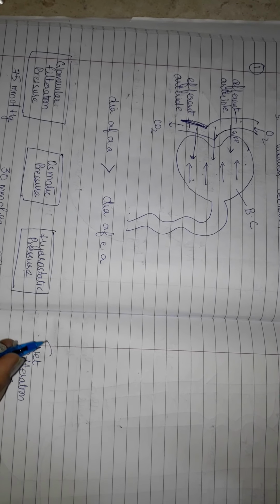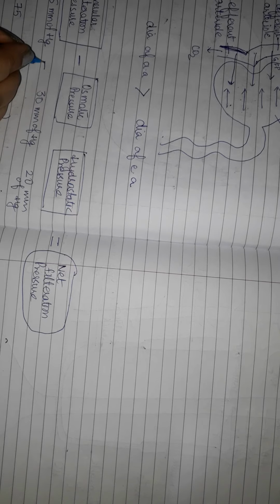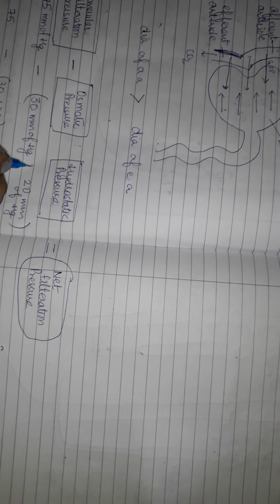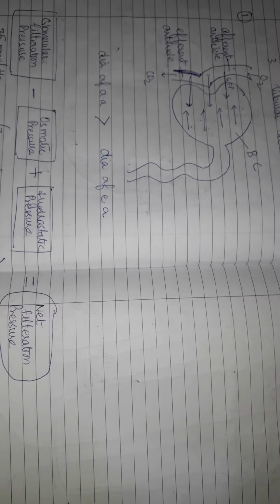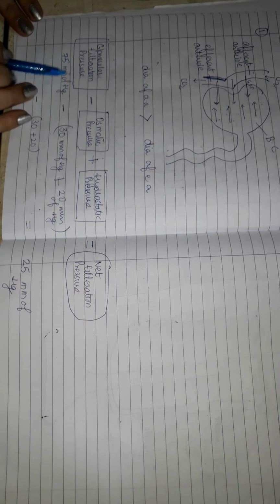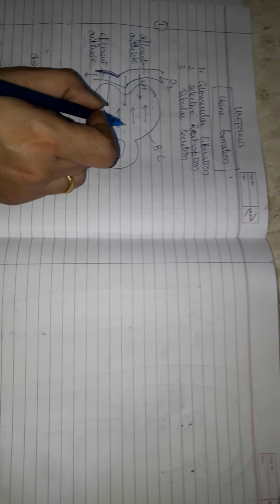So the ultimate filtration pressure, that is net filtration pressure, becomes 75 minus these two pressures, that is 75 minus (30 plus 20) equal to 25 mm of Hg, so the net filtration pressure becomes 25 mm of Hg, and because of this filtration pressure the blood gets filtered into the Bowman's capsule.